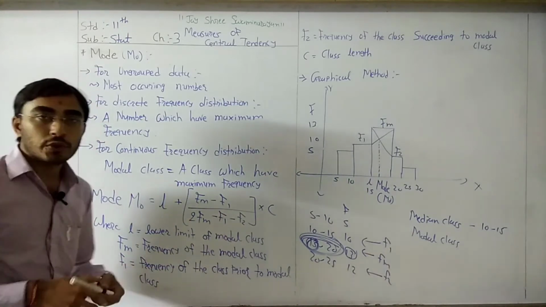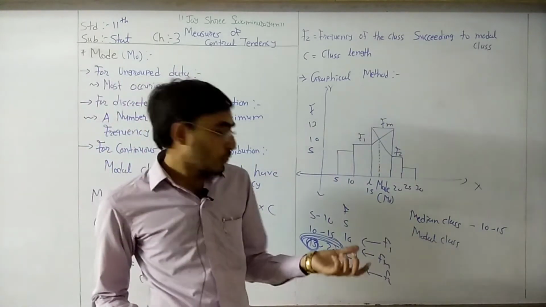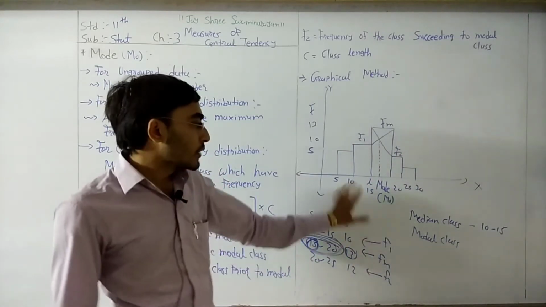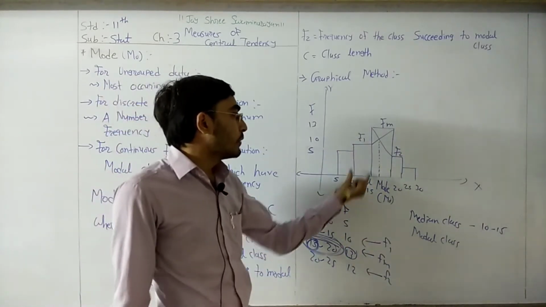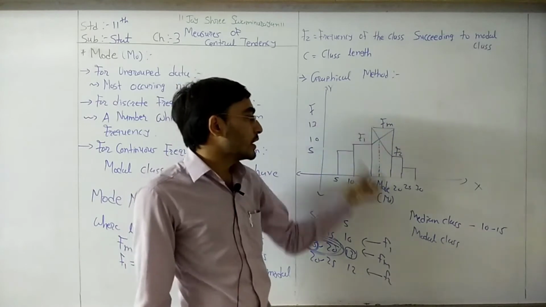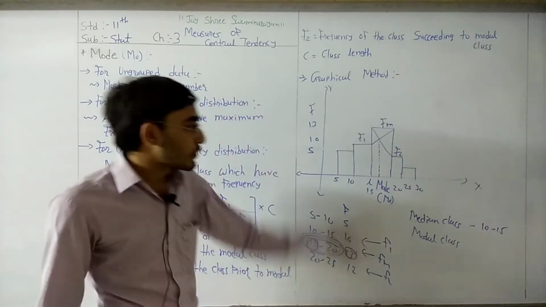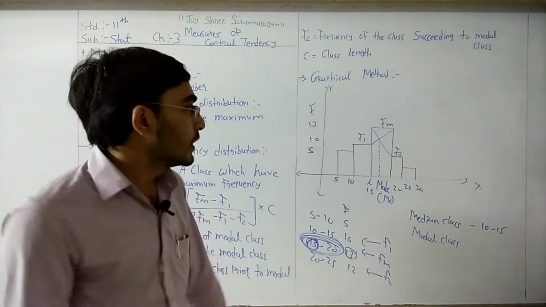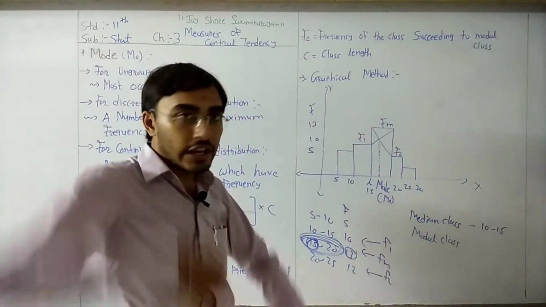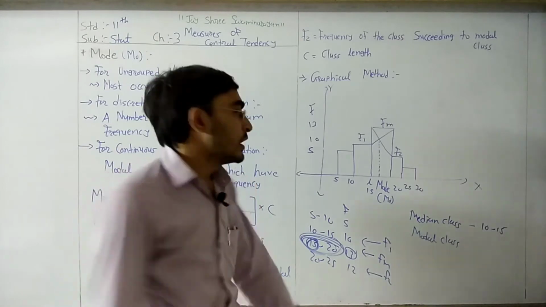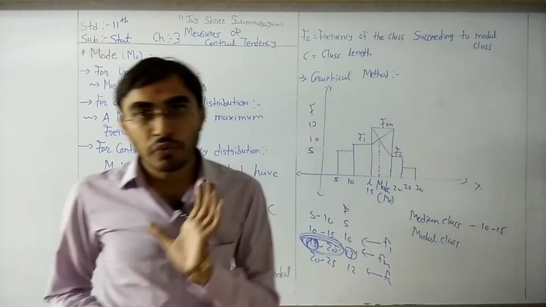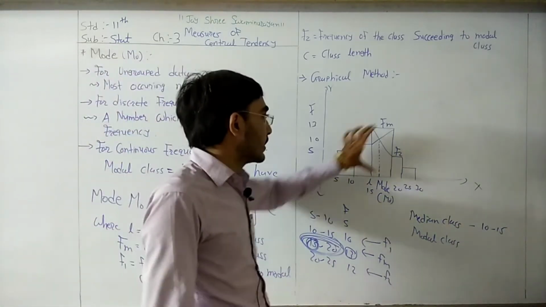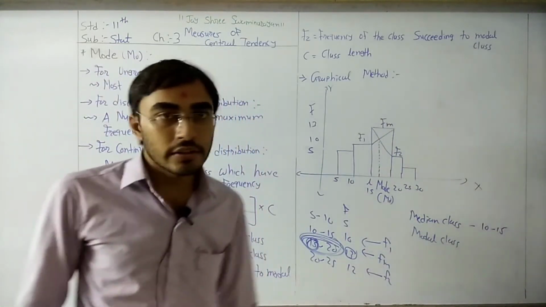First of all, we need to draw the graph of class versus frequency. Here for 5 to 10 the frequency is 5, here 10, here 13, 12, whatever. Then, for the highest frequency, we need to find the column with the highest height, the maximum height. So this column has maximum height.